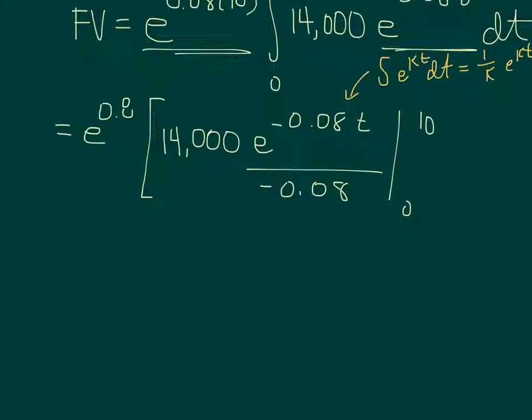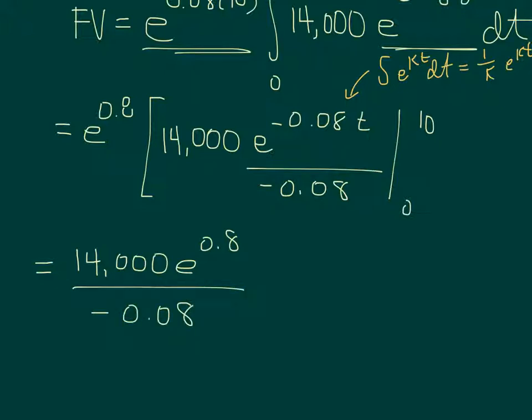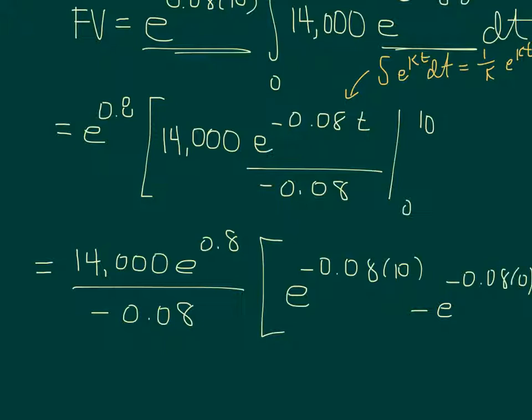Now we just start plugging things in, and to make this a little easier, I would get all the constants out front. So I'd get the 14,000, the e to the 0.8 over negative 0.08, and then the only thing I'm evaluating is e to the negative 0.08 times 10, minus e to the negative 0.08 times 0.